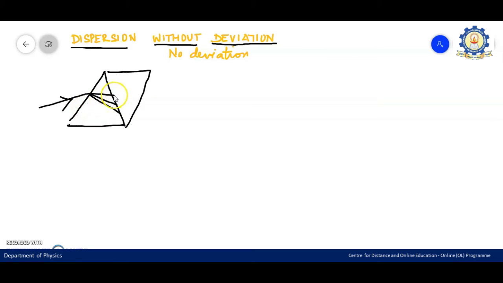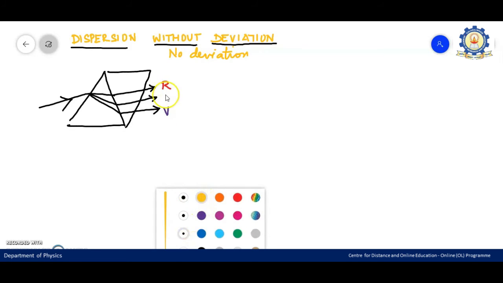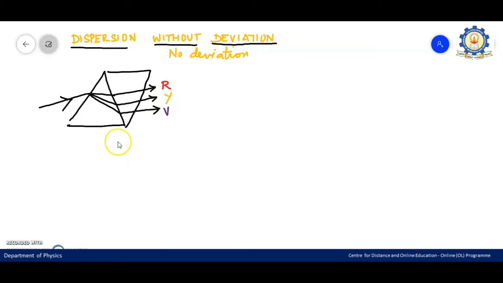What happens is when it passes through the flint glass prism, the ray gets dispersed without any deviation. So this is the violet ray, this is the extreme color red ray, and in the middle we have the yellow.